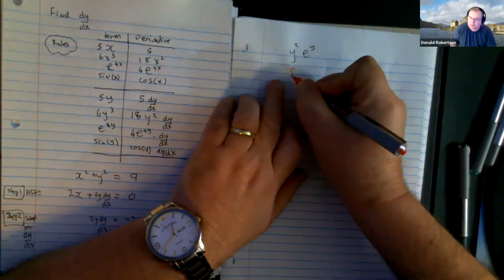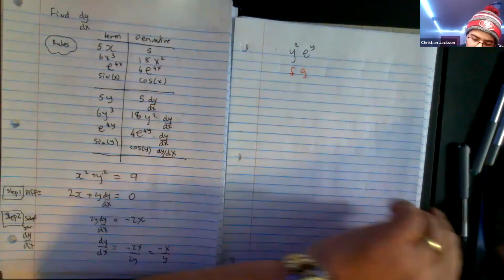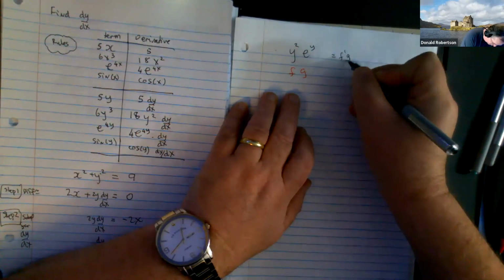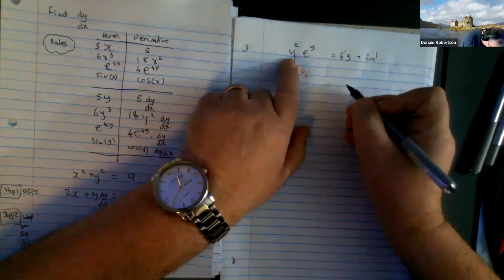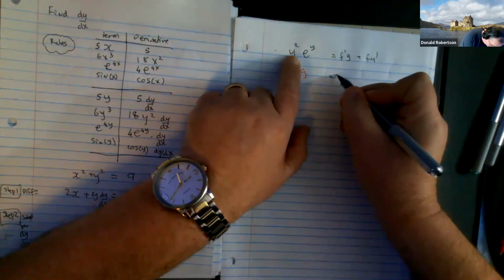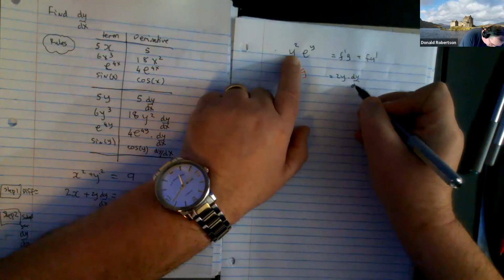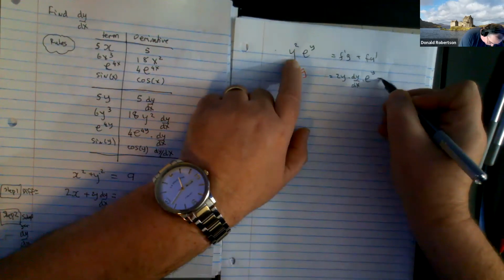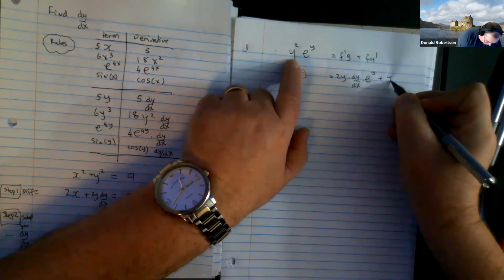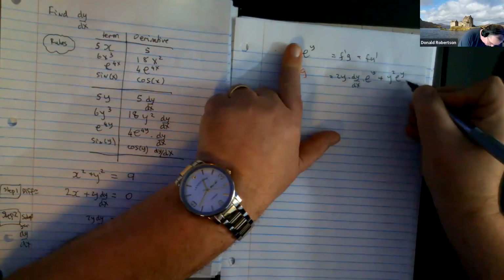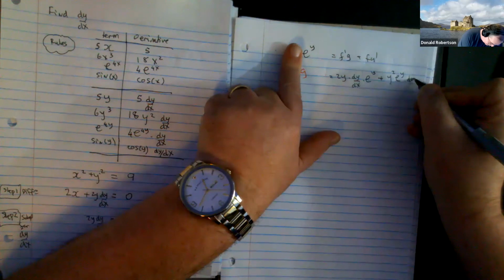Yeah, it would be a product rule. And so what you would do is you do f dash g plus f g dashed. Now, if you differentiate y squared, you get 2y times dy by dx, and then you leave the other guy alone, plus you leave the first one alone, and if you differentiate e to the y, you get e to the y times dy by dx.